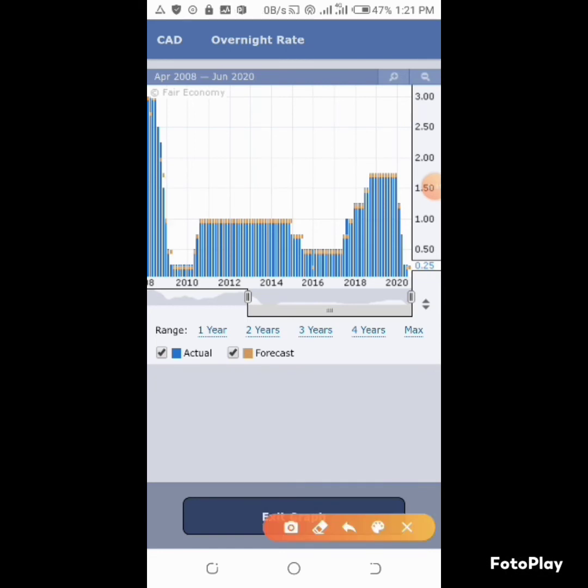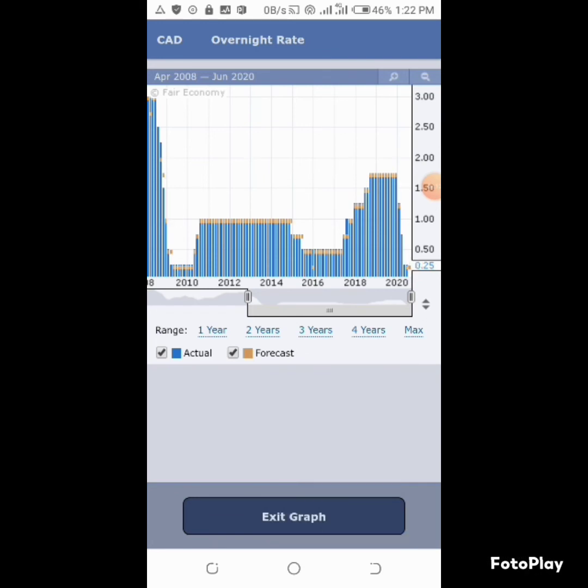So now these are the forecasts. These brownish icons here tell us exactly where analysts are predicting this news, this interest rate, to get to.